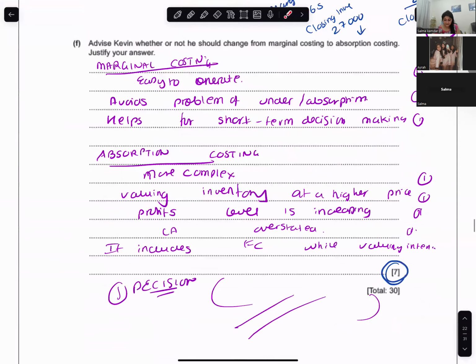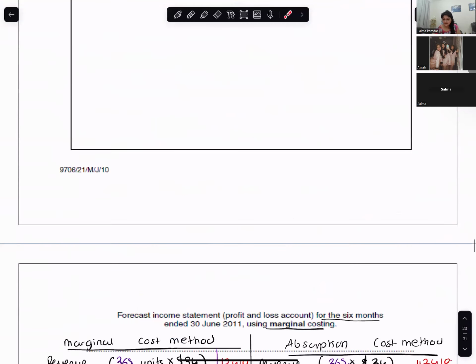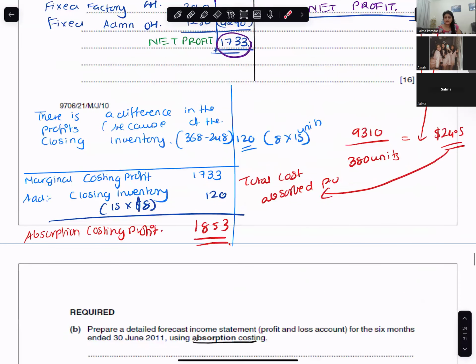That's all. Yeah, nothing more. I don't remember anything. Okay, you should value your inventory at lower of cost or selling price because according to the concept of prudence, your assets should be shown at a more realistic value and profits should not be overstated.